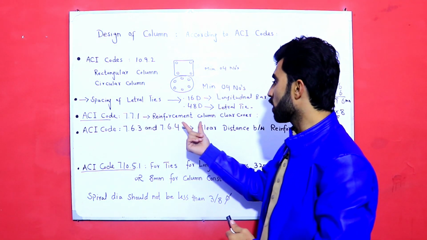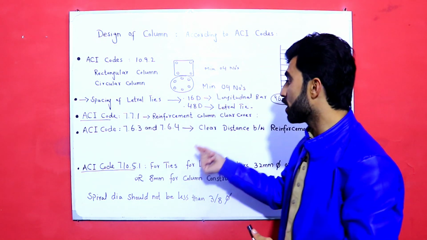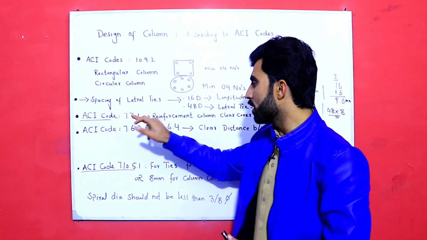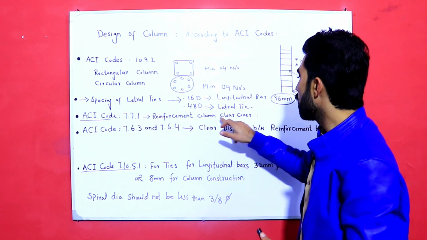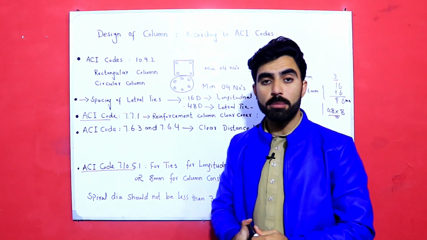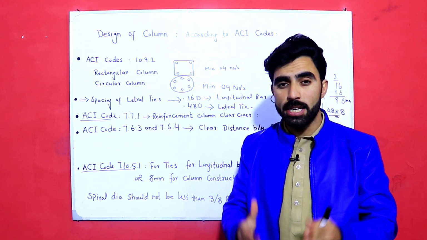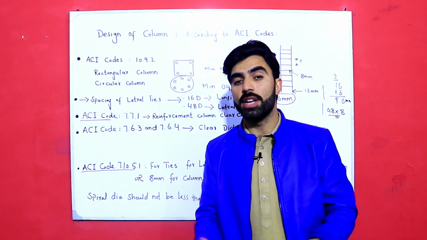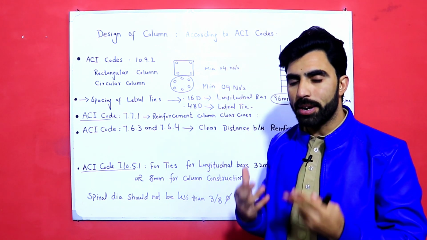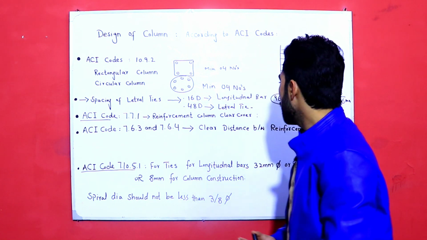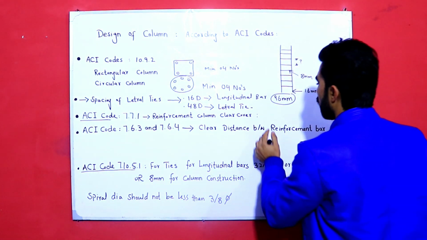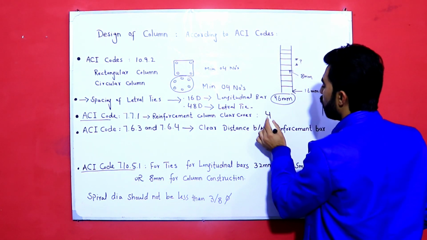This code can give you information in ACI code with this reference: reinforcement column clear cover. Clear cover means concrete cover. So what should be the minimum concrete cover or clear cover for an RCC column, if it is circular, rectangular or square? It should not be less than 4 centimeters.